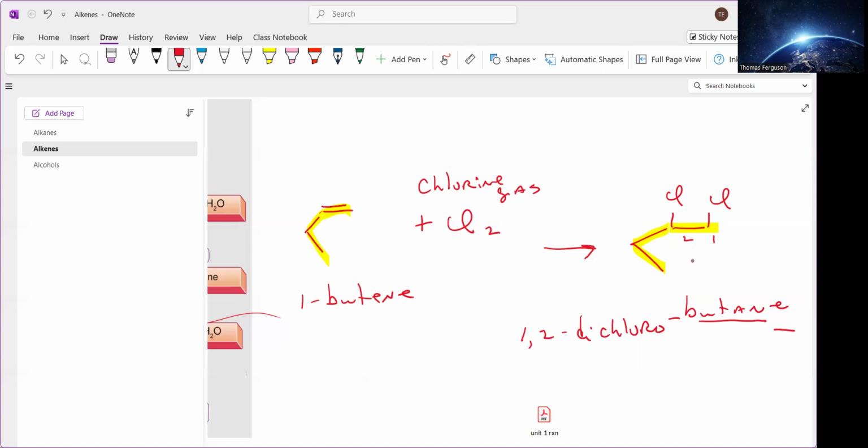Now, last Thursday, we had a reaction as well. Remember, we had an alkane plus Cl2 with high heat, and that gives a chloroalkane. Now, let's look at the distinction between those two.